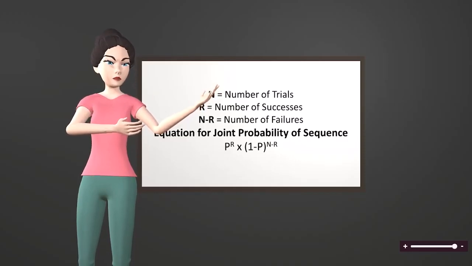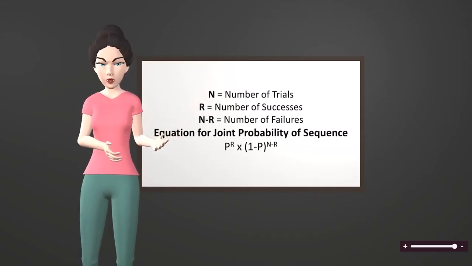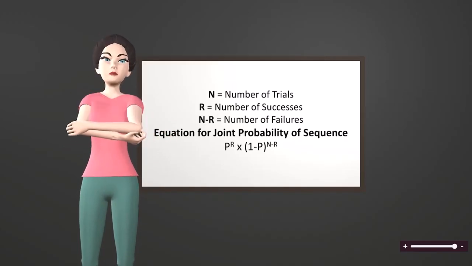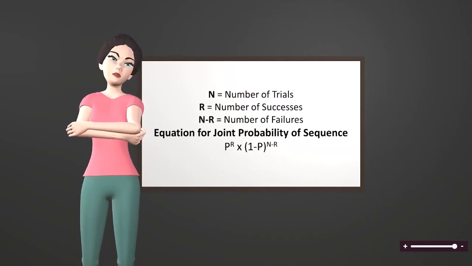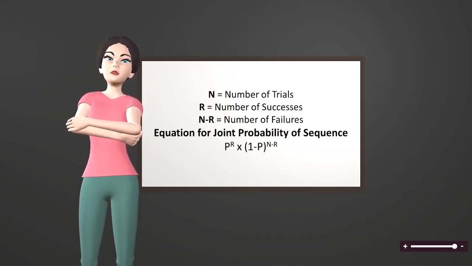We multiply the probability of success, P, by itself, R times. Then we multiply the probability of failure, 1 minus P, by itself, N minus R times, and we finally multiply those two numbers together. This is called the joint probability of a sequence.